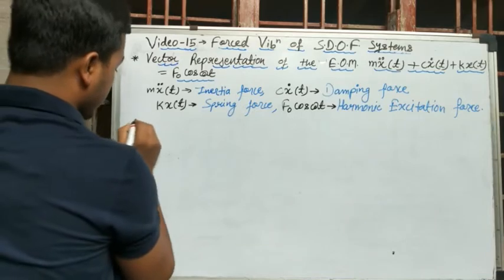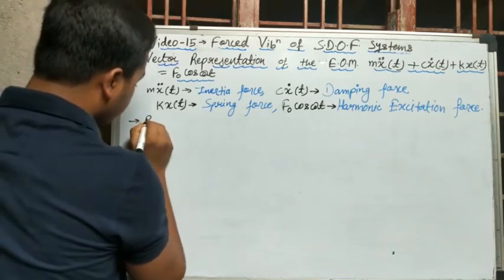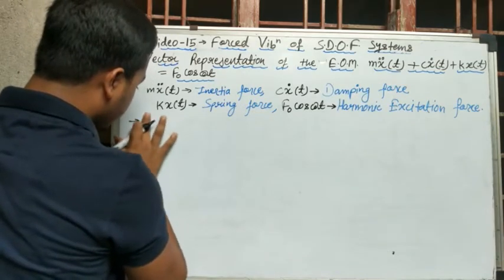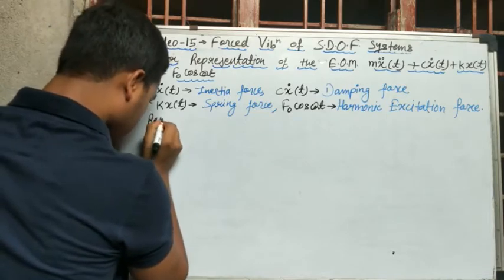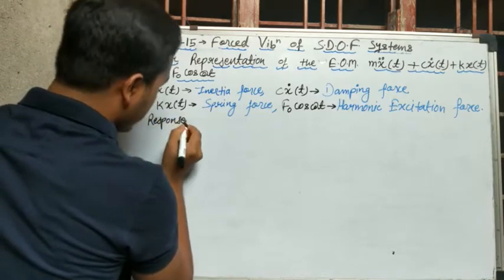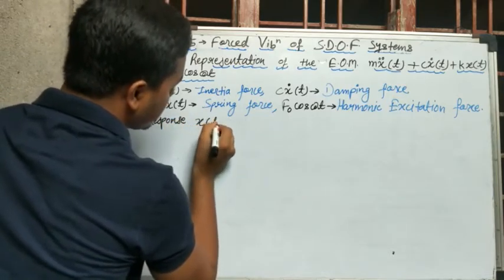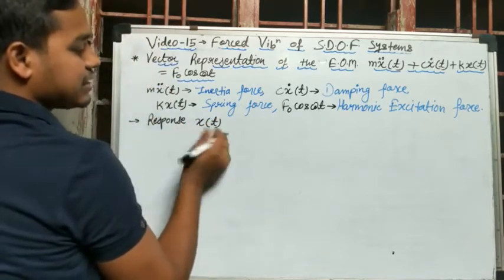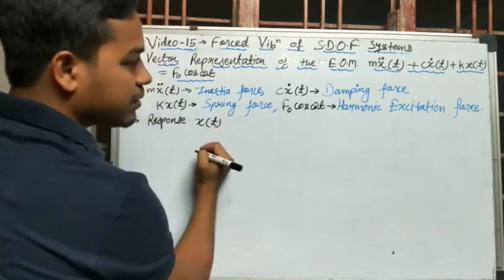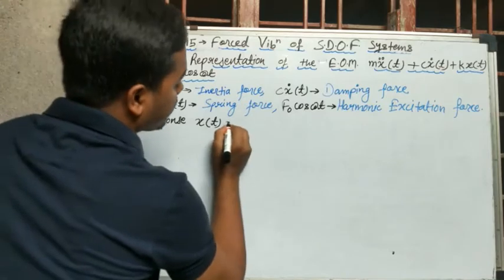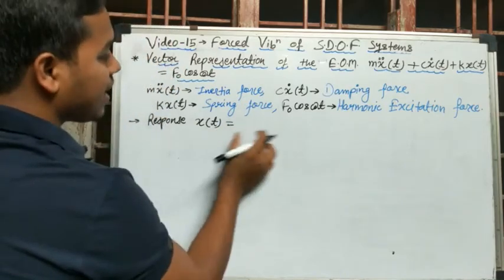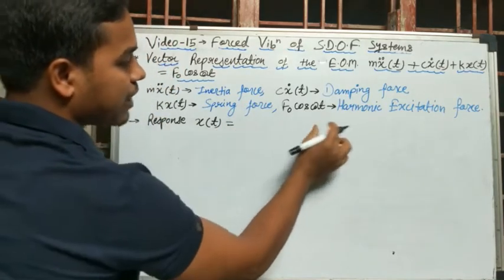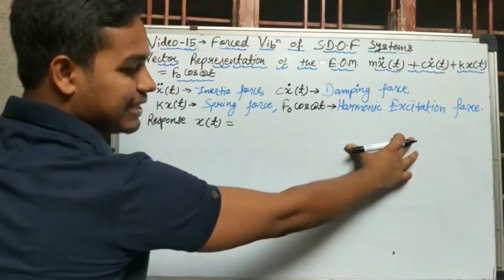So we know the response of the system is represented by x(t). We know that x(t) has a transient response part plus a steady state response part.